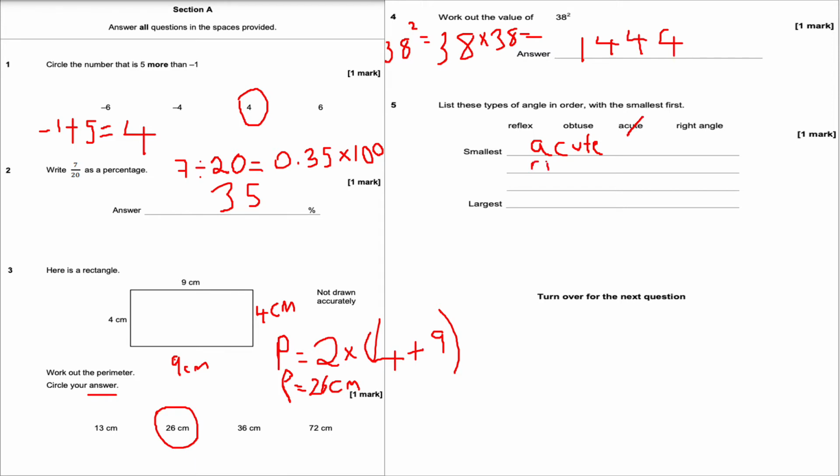A right angle, by definition of the name, just means 90 degrees. The next one is going to be obtuse, which is bigger than 90 but smaller than 180, and the reflex is bigger than 180 but smaller than 360.